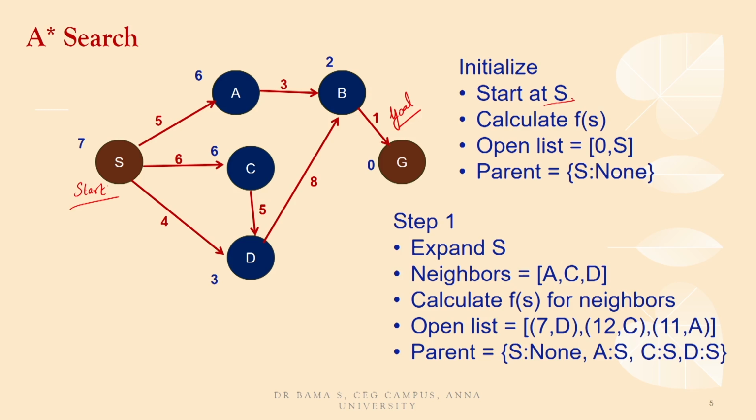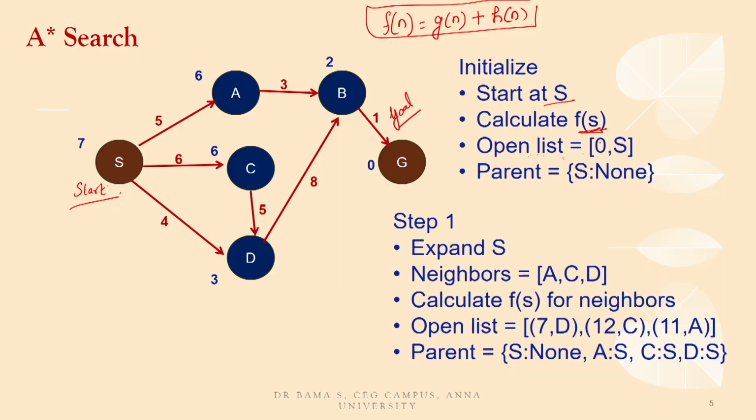So, we start at S and calculate f of s. This f of s is going to have two factors, the edge cost as well as the heuristic value. This is going to be the major difference between this method, A star, and also uniform cost. So, calculate f of s. Now, the open list will be the same as what we talked about in greedy best first.